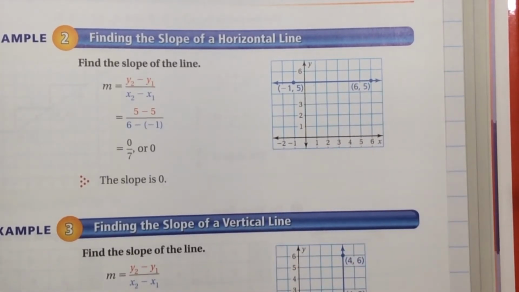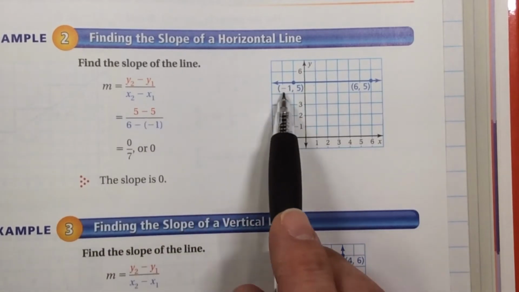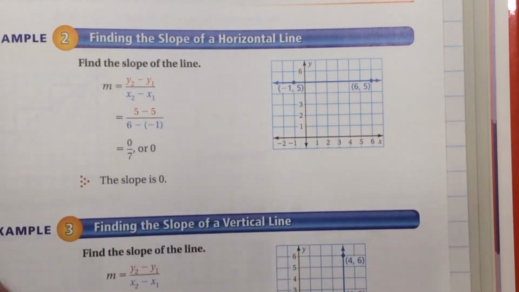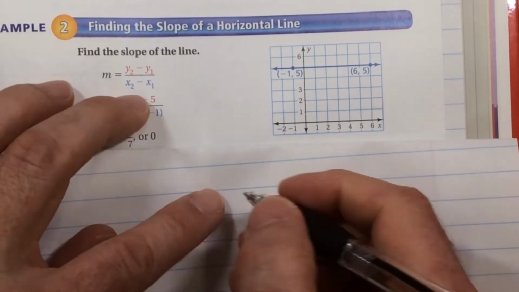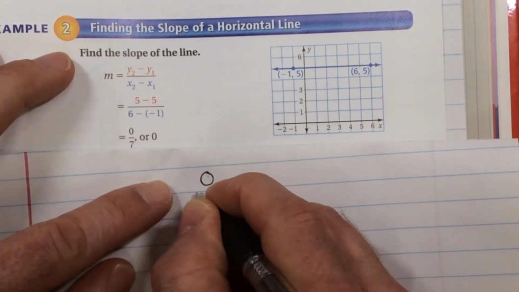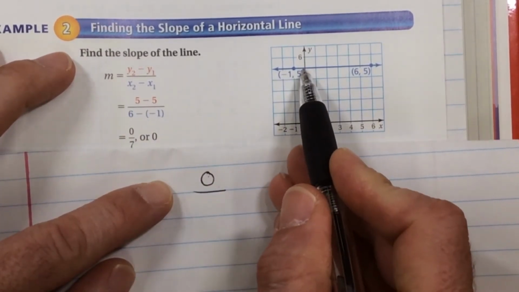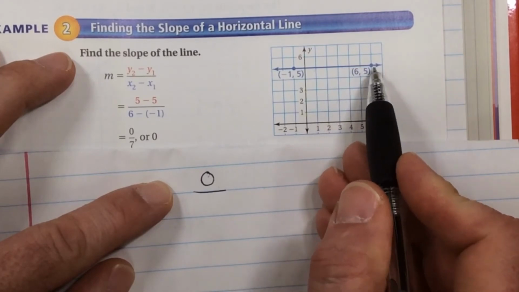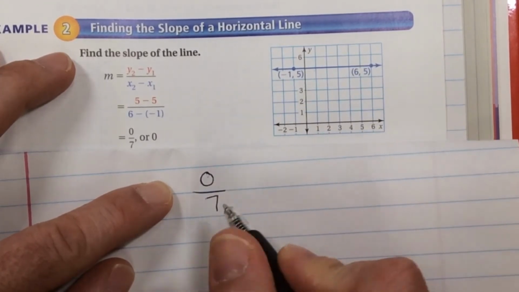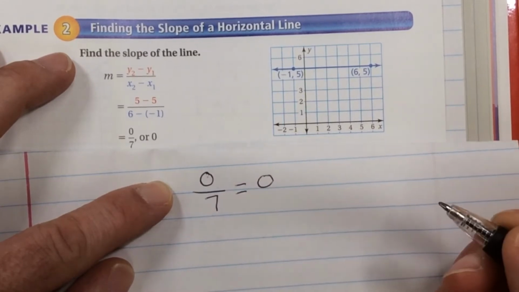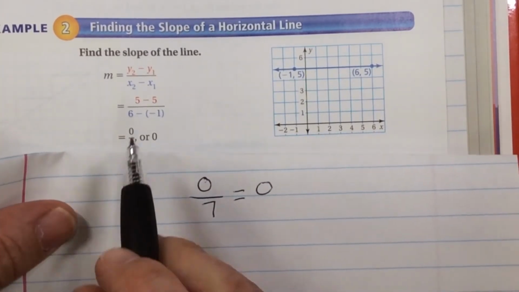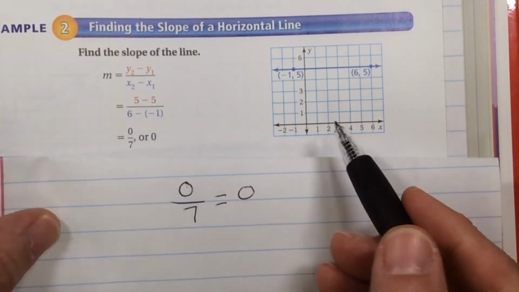There's zero slope. If we did this in just rise over run form, we would say that it went up 0 for our rise, and our run was 1, 2, 3, 4, 5, 6, 7 here. And 0 over 7 is the same as 0. Or we could do our change in y over change in x.